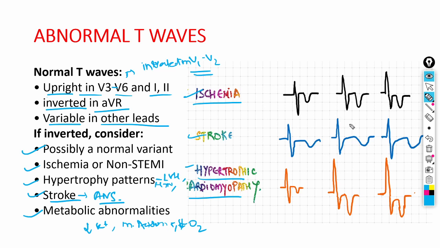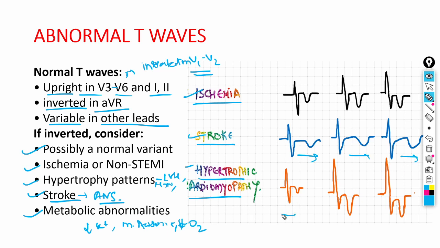In ischemia, there is small T wave inversion without any change in QT interval. On the other hand, the stroke, as we have discussed, leads to prolongation of QT interval along with broad-based T inversion.